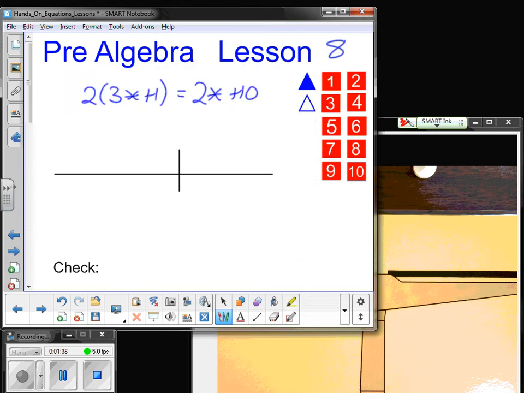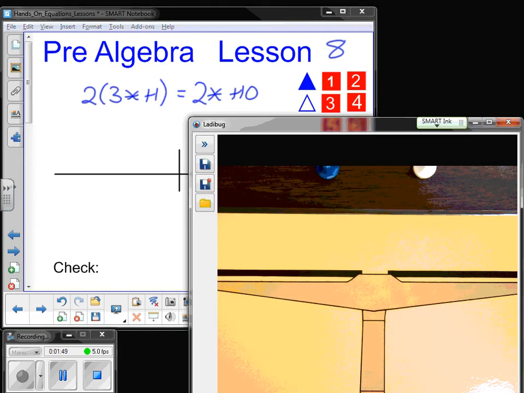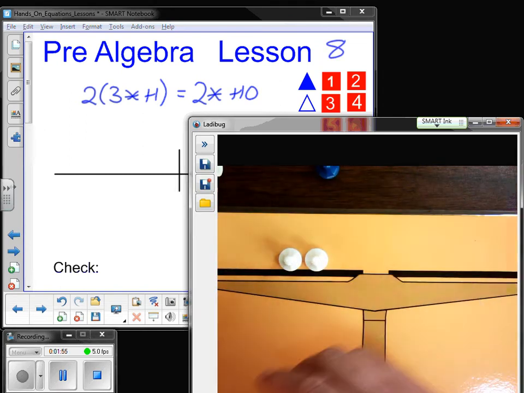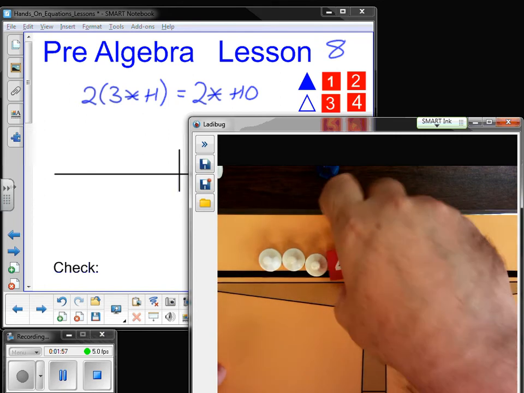So we might have a problem that looks like this. 2 times the quantity of 3 star plus 1 equals 2 star plus 10. Now, I'm going to go ahead and do that on the chart. So I need 3 star and a 1.